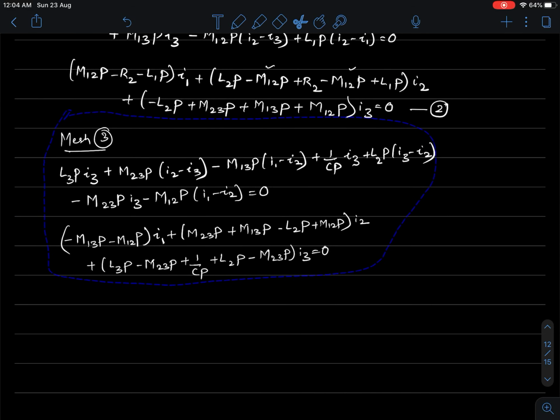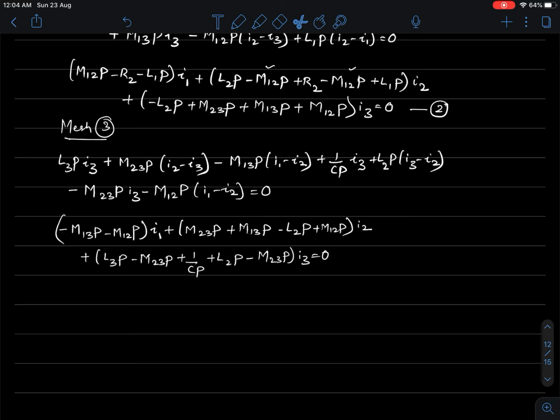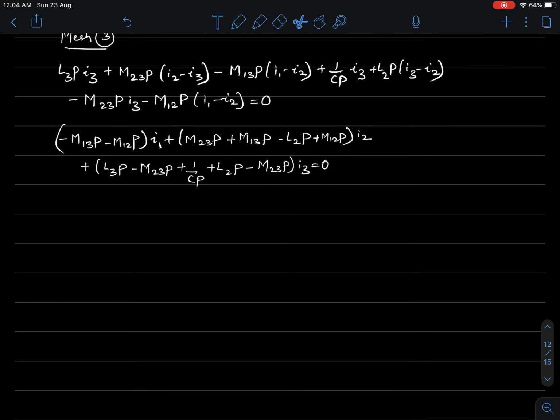Okay. Now I want to put it in matrix form. That is the only thing that I wanted to do. So I'll put everything in matrix form now. In vector matrix form, equations 1, 2 and 3 are as under.